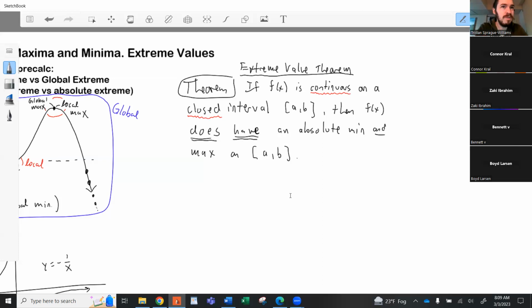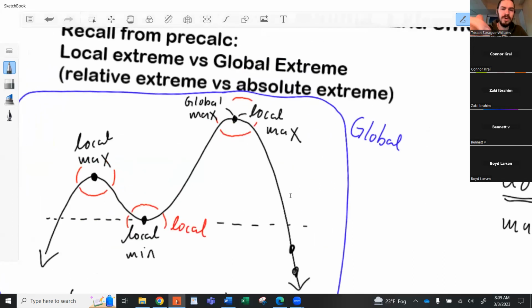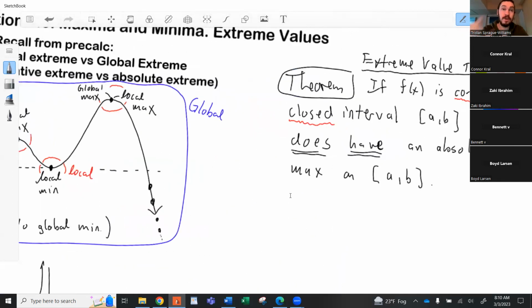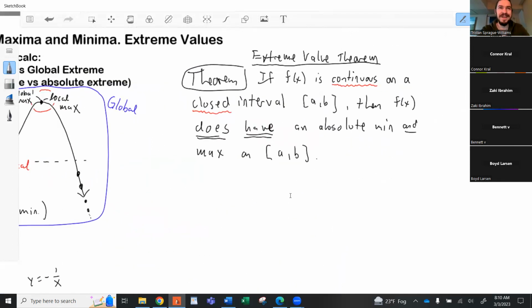And if it has an absolute minimum and maximum, therefore it also has a local minimum or maximum, by default, because anything which is a global or absolute max or min is also a local max or min. That's actually not quite true. There's one silly exception to what I just said, but I'll leave it to you to see if you can figure out what it is. It's quite silly. It's not worth our time.